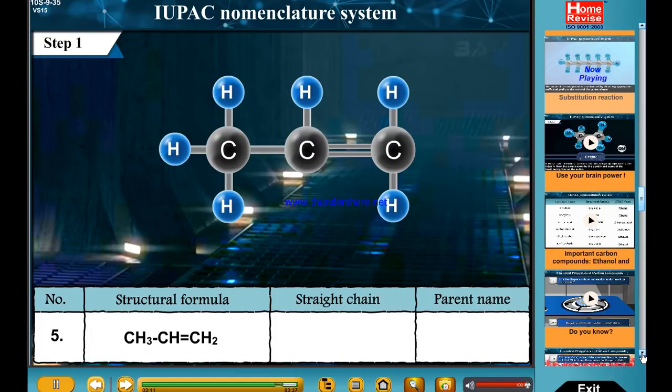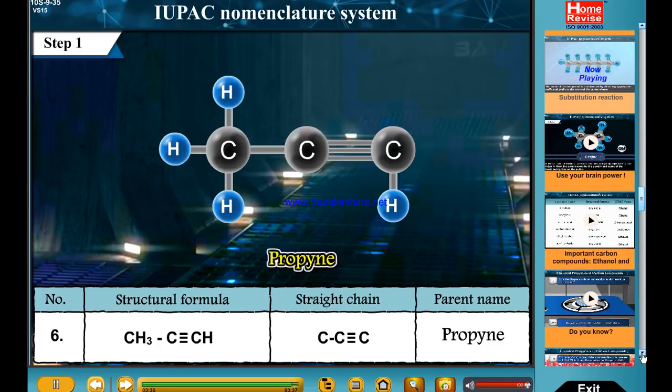The straight chain formed is C single bond C double bond C. Its parent name is propene. 6. The structural formula is CH3-C≡CH. The straight chain formed is C single bond C triple bond C, and its parent name is propyne.